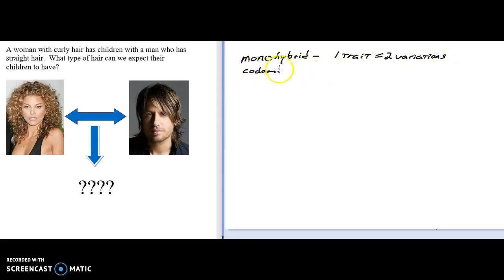Codominance, where we have the blood typing. This is the only one, so when it says blood typing, go to codominance. Blood type, we have 4 blood types. We have A, we have B, we have O, and we have AB.